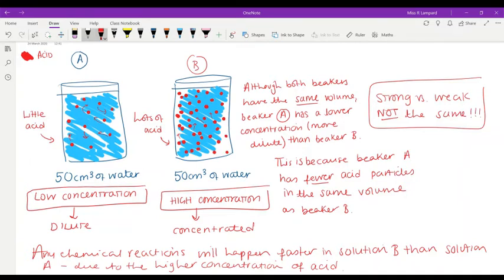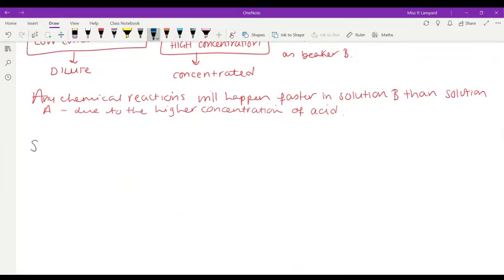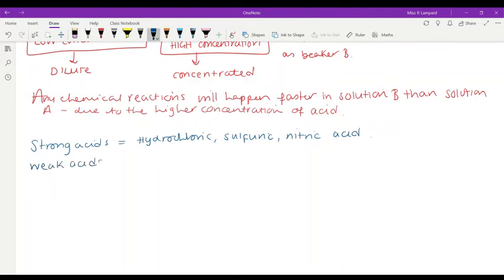All I want you to know at this stage is that your strong acids, okay, I'm just going to scroll down, okay, so strong acids equal hydrochloric, sulfuric and nitric acid, whereas weak acids are citric acid and phenolic acid.